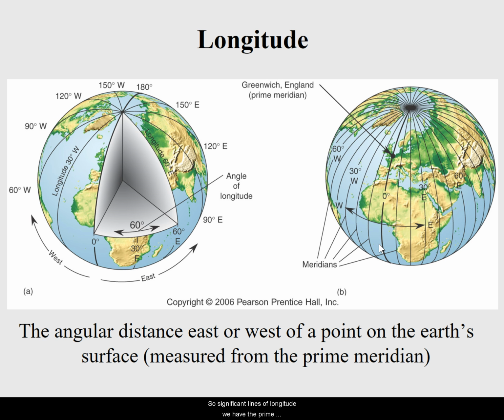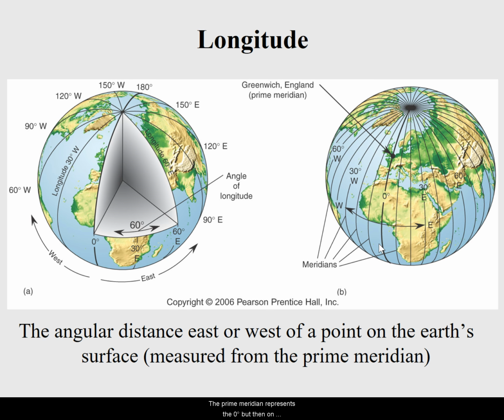So, significant lines of longitude. We have the prime meridian, which is the equivalent of the equator. So for longitude, it's 0 degrees. And again, it basically divides the western and eastern hemisphere. If you follow the line of 0 degrees, the prime meridian, all the way around the Earth, on the opposite end, you will find the international date line.